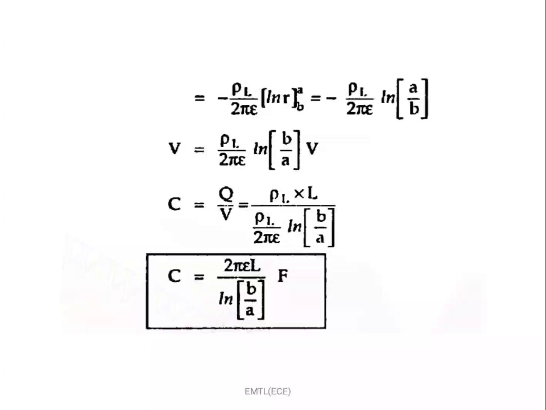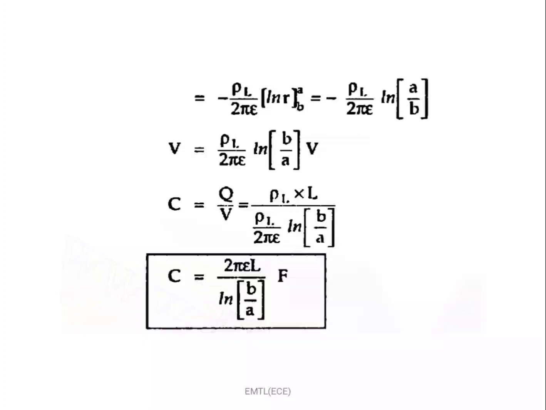Here the important note is to first choose which type of coordinate system we have to use, that is spherical, cylindrical or Cartesian. Depending upon the coordinate system, write the expression for dl, and substitute in V equal to the integral of E bar dot dl, then we get the potential difference.